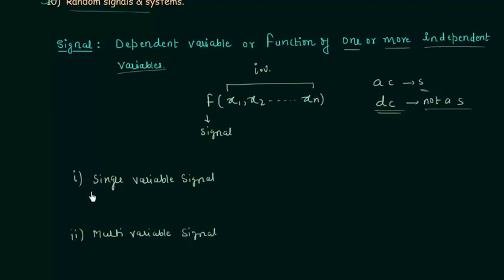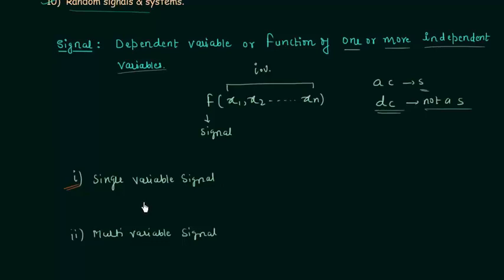And as the name suggests, a single variable signal is the signal which only depends on one variable, or we can say the function of only one variable, and the multivariable signal is the signal which depends on more than one variable.